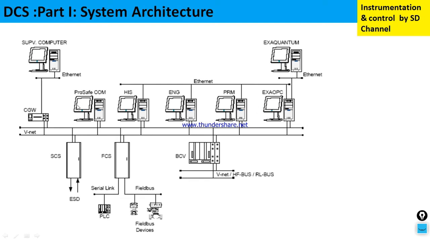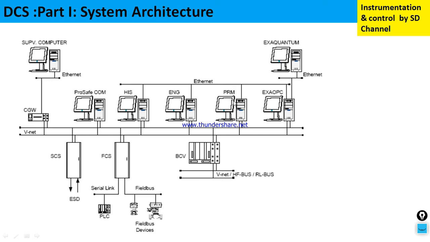So this is the process which is connected to the communication bus for the ESD system. This is the ESD system. One PRM is installed. PRM means process resource management, plant resource management. This PRM function is different.